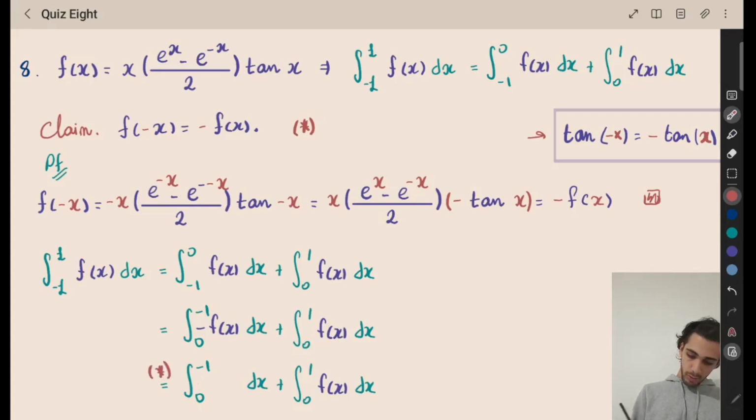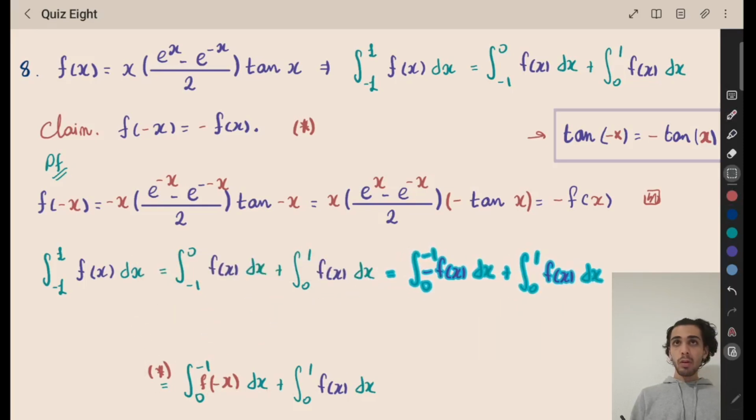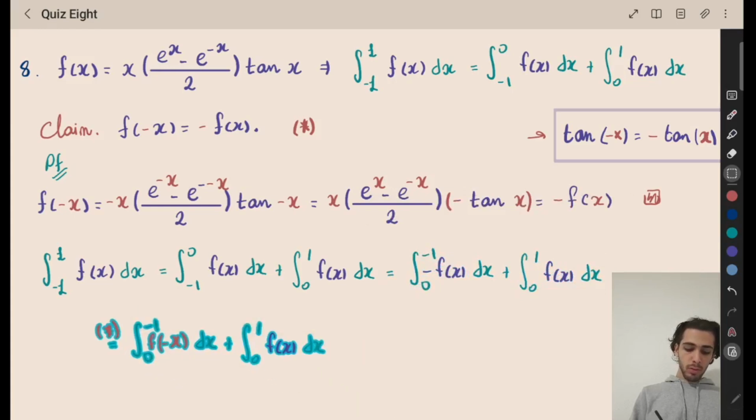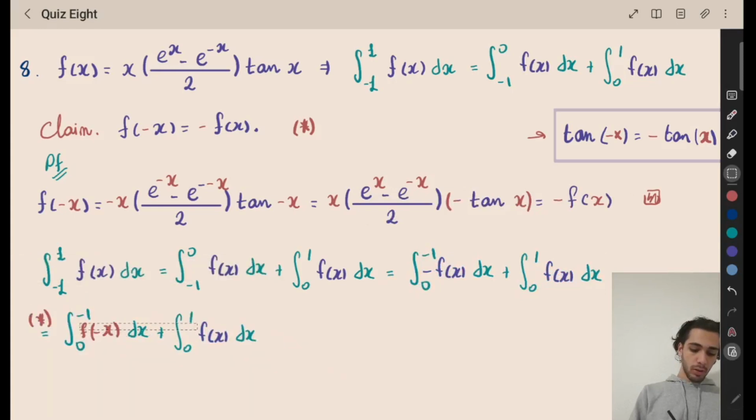F of minus x equals minus f of x equals f of minus x. So this is f of minus x from x is equal to 0 to x is equal to minus 1.